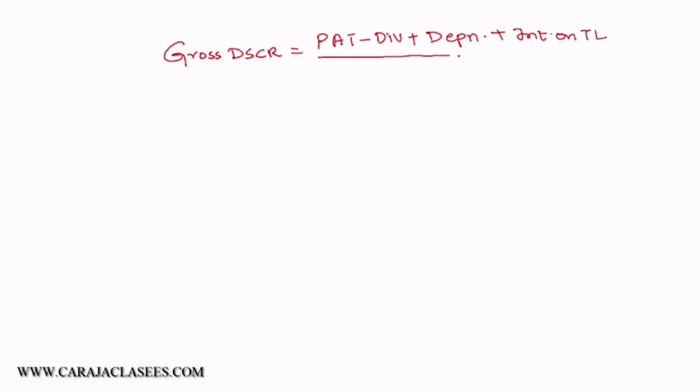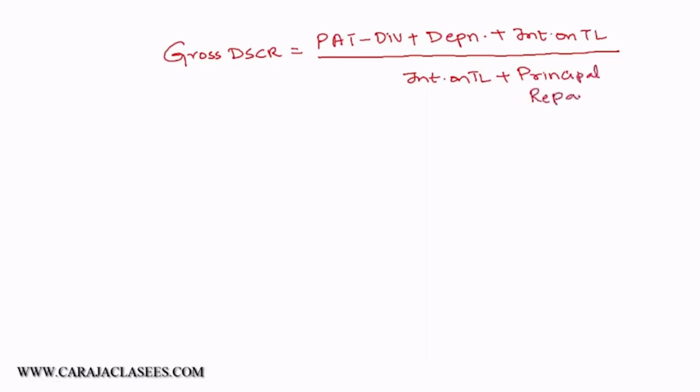When we say gross DSCR, we are going to consider the gross cash flows available for servicing the total repayment obligation. So we can say gross cash accruals. So what is gross cash accruals? It is PAT minus dividend plus depreciation plus interest on term loan, whole divided by interest on term loan plus principal repayment.